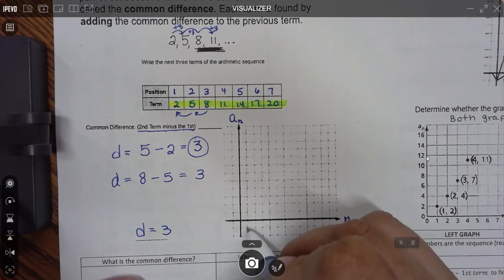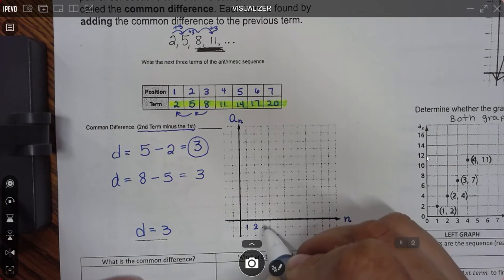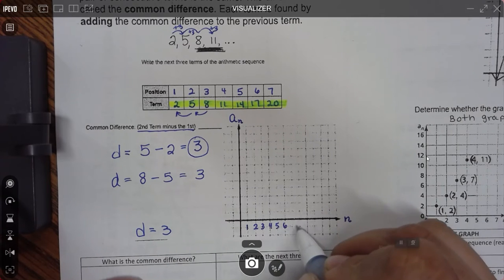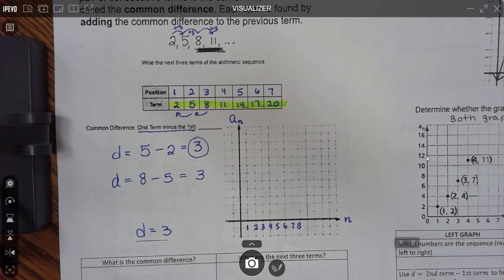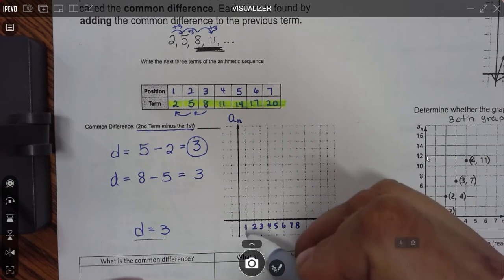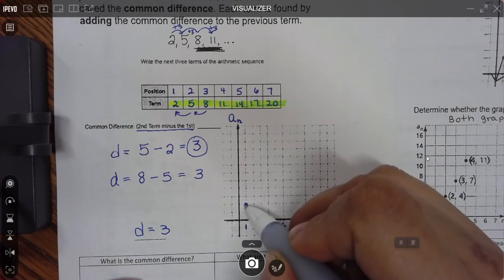Okay. So it's going to be the first 1, 2, 3. Oops, sorry, there is no 8. Maybe I should have skipped some. All right, the first term is 2.